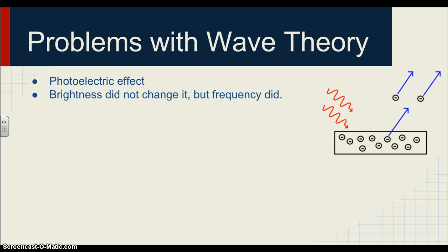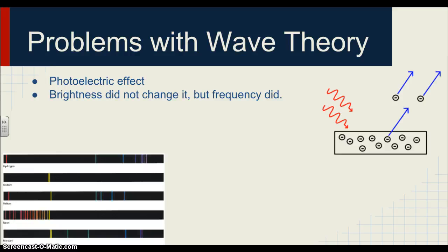It didn't matter how bright the light was that they shone on it. What mattered was the frequency of the light. With more frequency, more electrons popped off the surface, with more speed to them. So the wave nature of light didn't explain that.